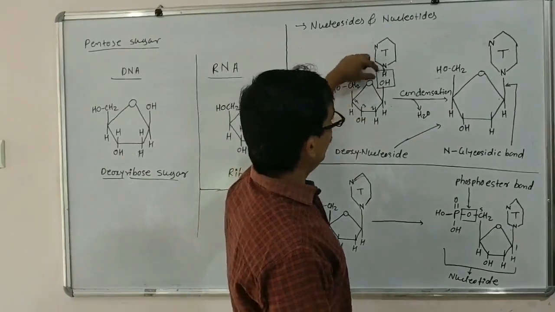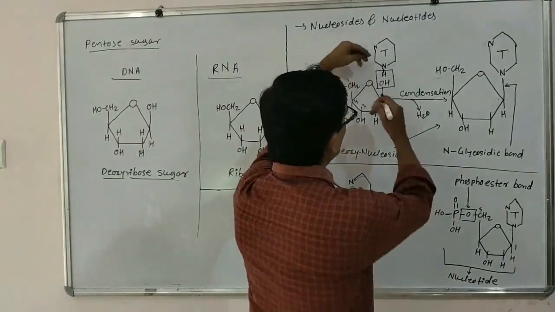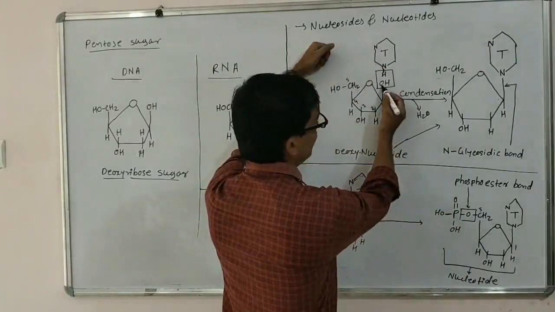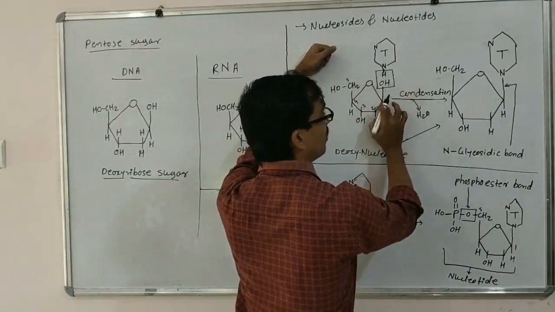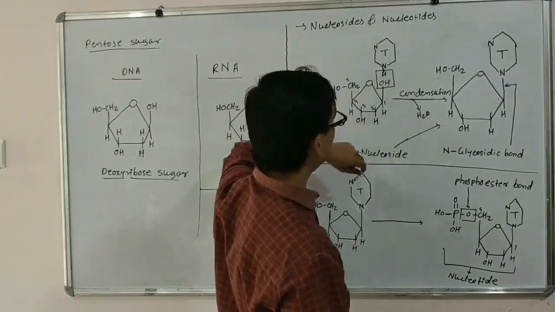So they are not linked with each other in this diagram, but when they combine with each other, a condensation reaction occurs between this hydroxyl group and this hydrogen, or between the first carbon and the nitrogen of the thymine or the nitrogenous base.